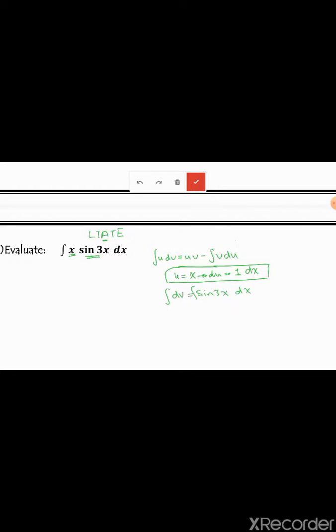And the integral for both sides, the integral of dv is v, and the integral of sine 3x is negative cosine 3x, and this all over 3. This is the value of v.